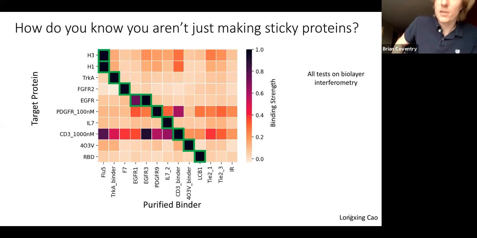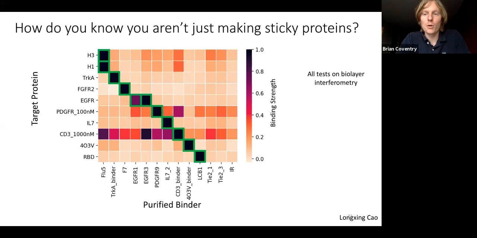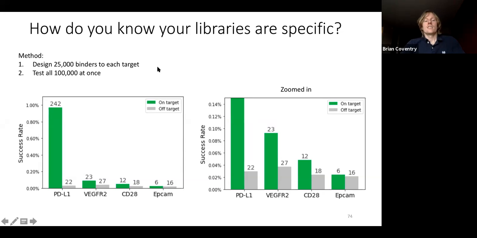And so you're thinking, great, the proteins you pulled out bind specifically, but you sort 100,000 proteins at once. How specific is that library? And the answer there is it depends. It depends on how successful you are.